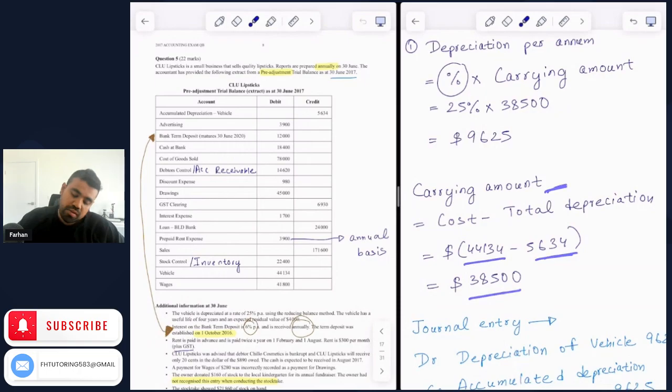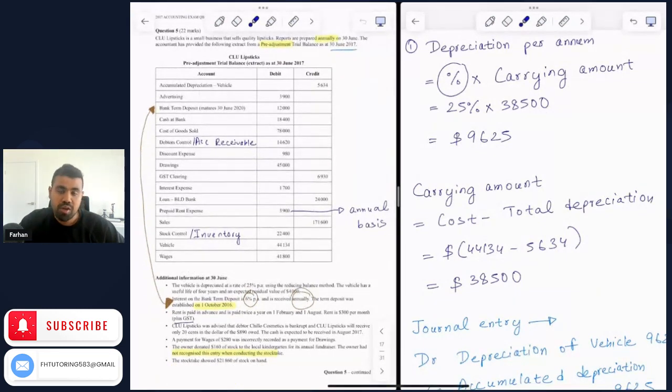So this $38,500 is what we're going to multiply with the given depreciation annual rate of 25%, and we get $9,625 as the depreciation expense on an annual basis. Now, given that the business reports on an annual basis, and given that we didn't purchase any vehicles, nor did we dispose of any vehicle during the year, this number needs no further adjustments.